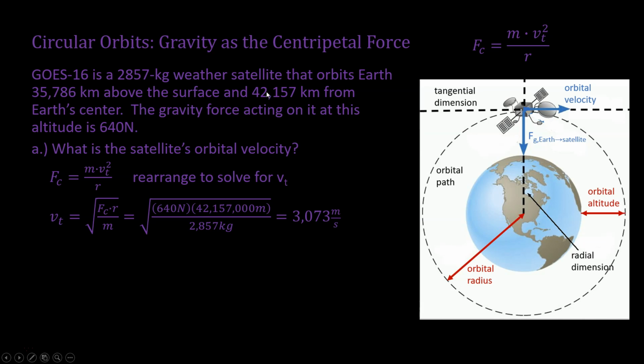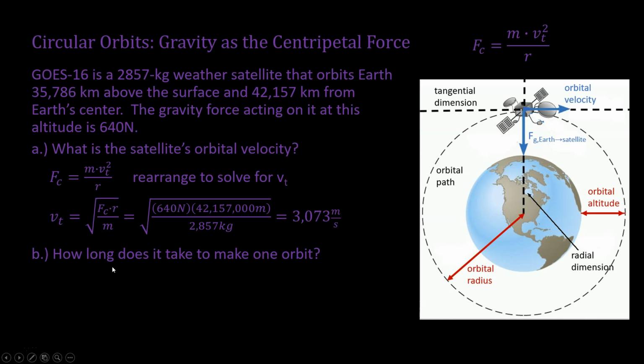We convert our orbital radius to meters, and we divide it by the mass of the satellite, and we take the square root of that result, and we find out that the orbital velocity for this satellite is 3,073 meters per second. That's about 7,000 miles per hour.